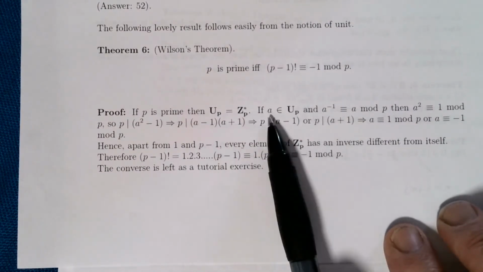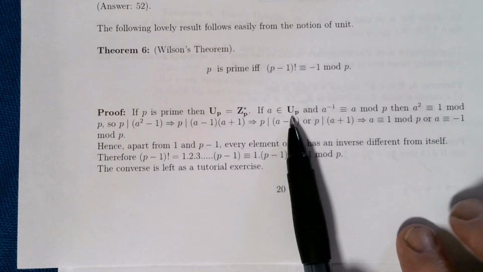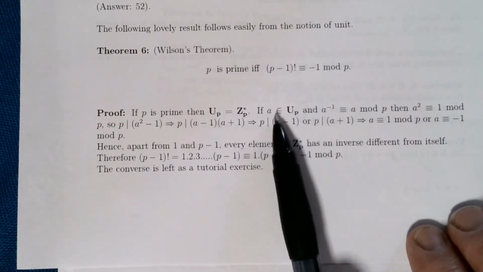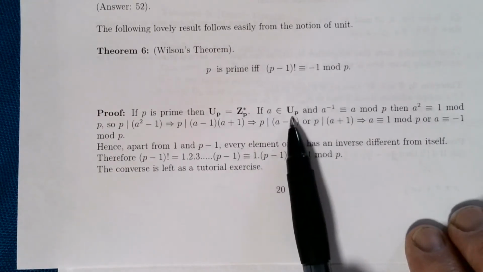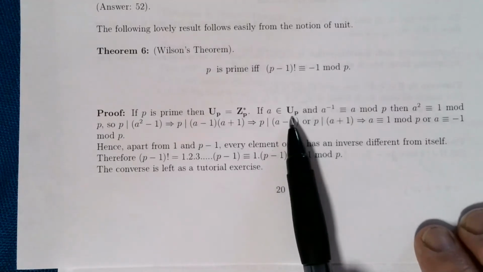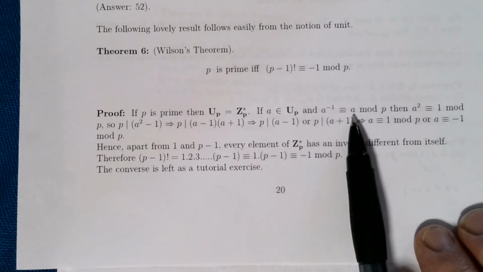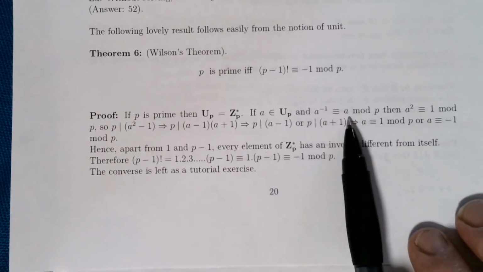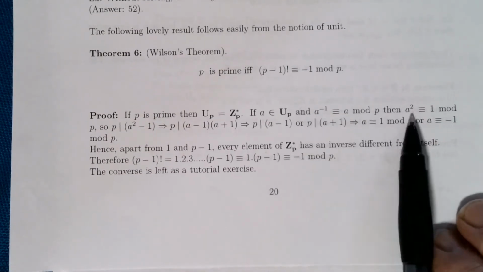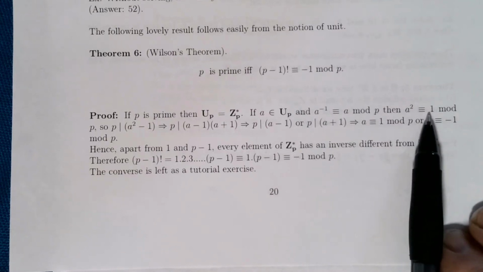So we take an element a in this one, then a has an inverse because it belongs to the group of units. So if a happens to be its own inverse, which is possible, then I can multiply both sides by a, and I get a squared is 1 mod p.